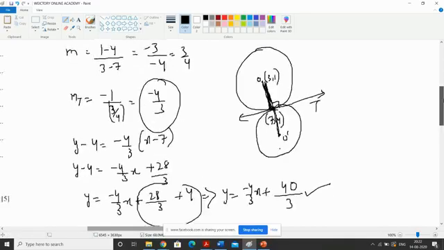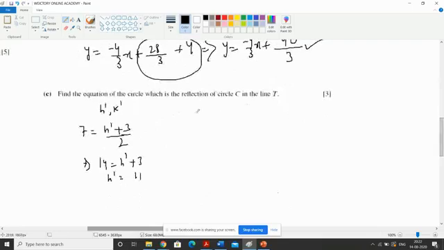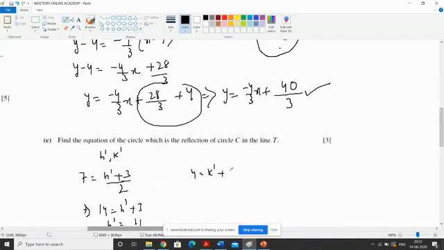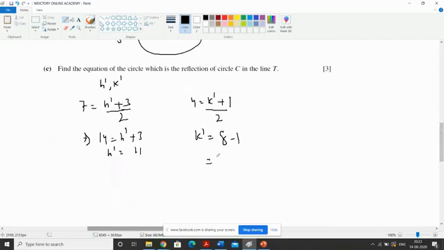Similarly, 4 equals k dash plus 1 over 2, so k dash will be 8 minus 1, which is 7.